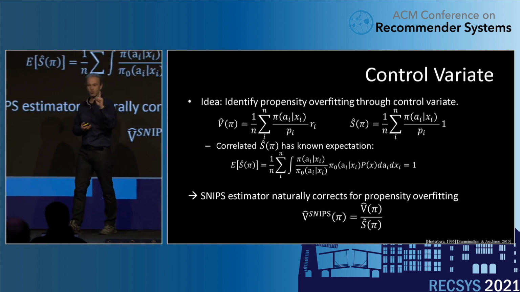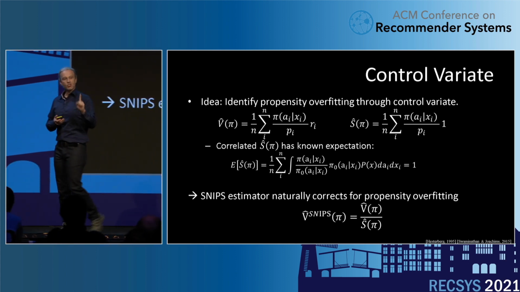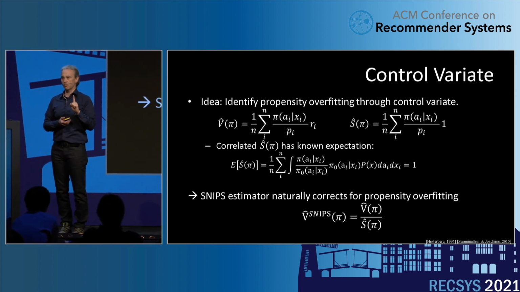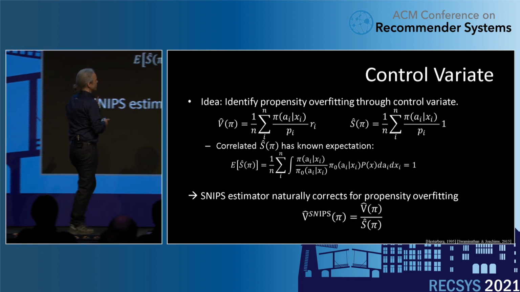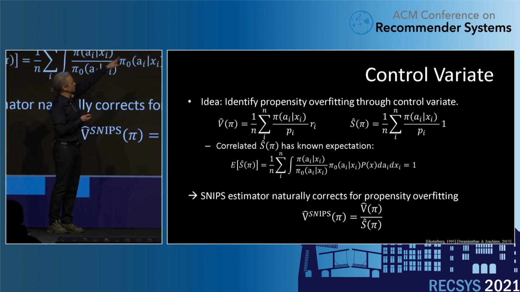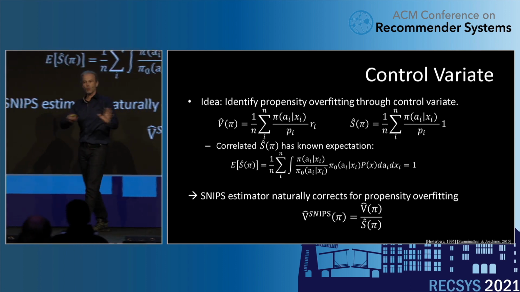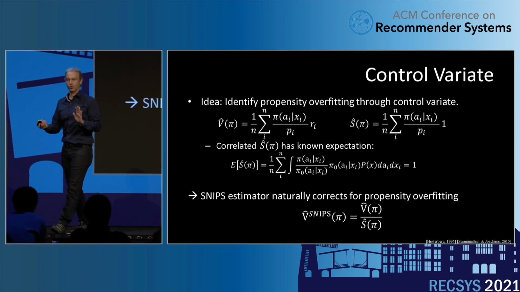And we know that the result has to be 1. And if it is not 1, then we should become suspicious, right? In particular, if this control variate, that's what we call this S here, is different from 1, that's a sign that some propensity overfitting must have occurred.